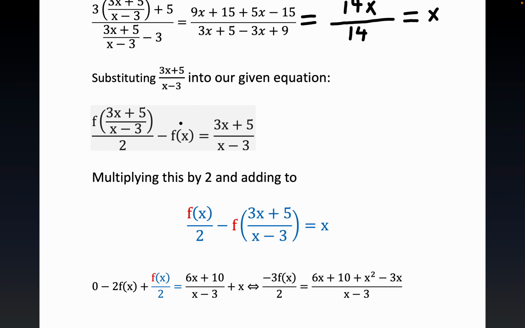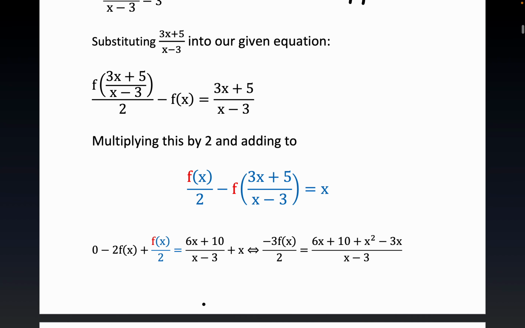Y'all and I can talk you through it all day long, or you can just see what's going on. The whole goal was to eliminate f of the quotient 3x plus 5 over x minus 3, and that's exactly what happens on this very next line. Hopefully the instructions are clear enough now, or the steps at least.